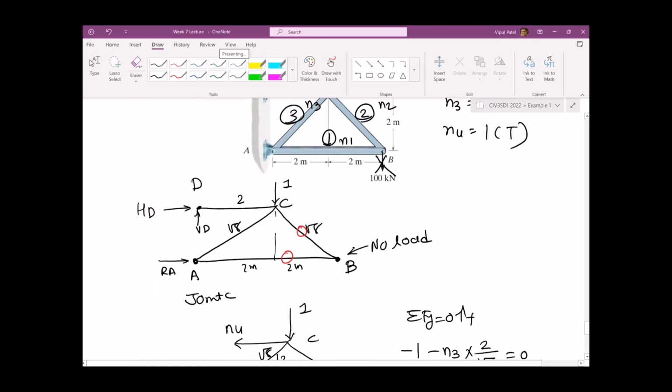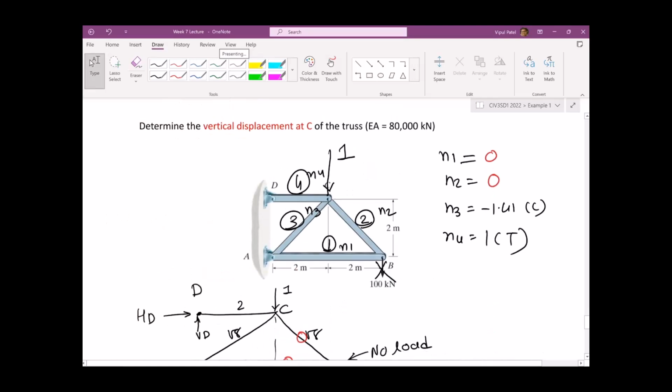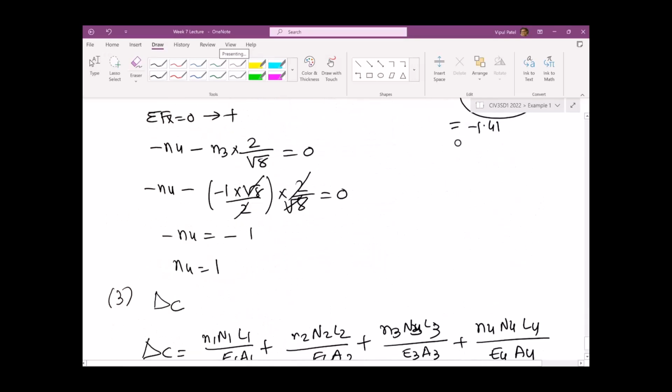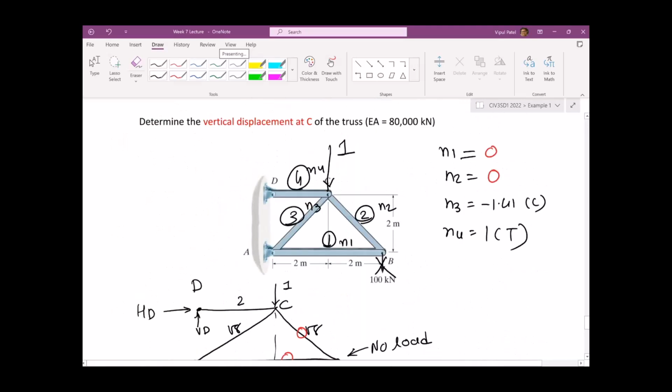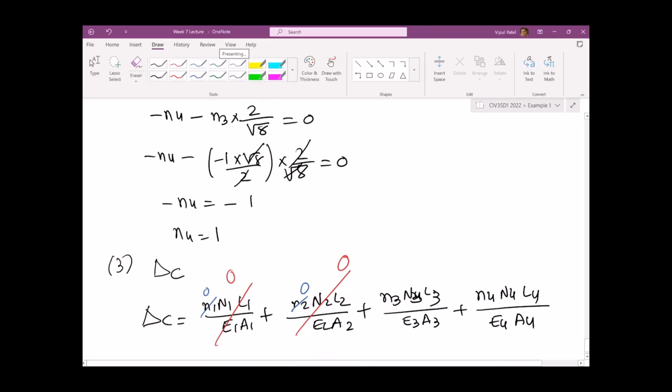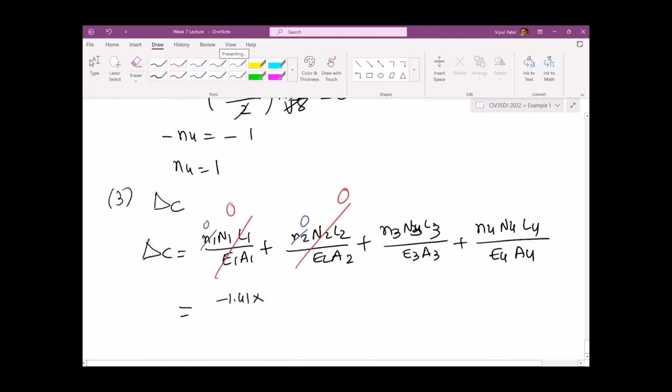Looking at this one, N1 and N2 are 0, so straight away these terms are 0 and the whole thing gets 0. So we don't need to worry about that. Small n3, we have minus 1.41. We can substitute that. Capital N3.